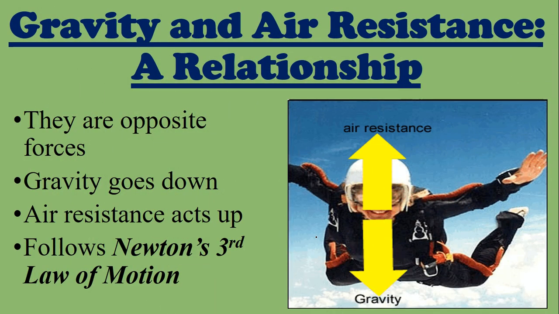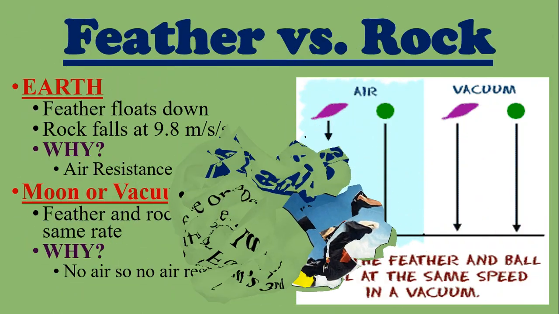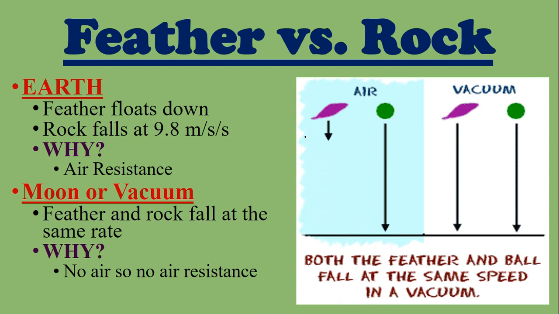Now, gravity and air resistance I kind of clued in, but there is a relationship. They're opposite forces. Gravity goes down, air resistance acts up, and it's following Newton's third law of motion. We can see this if we look at a feather versus a rock in two different locations. One on Earth. You have a feather and you have a rock. You're at the top of the Empire State Building.